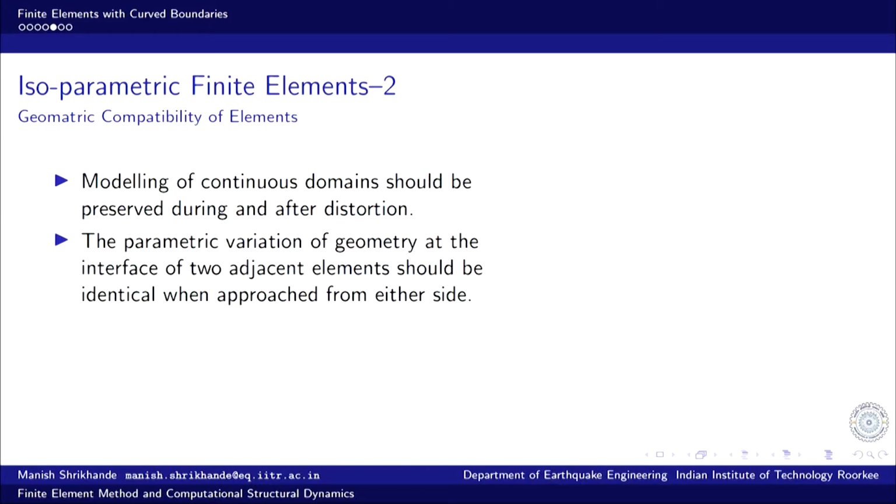There should not be any gaps and there should not be any overlap. So, the parametric variation of geometry at the interface of two adjacent elements should be identical. If I have two elements and they have been distorted, so there is one element like this and another element like this, then the parametric variation of this common boundary should be identical whether I approach it from this element side or from this element side, right.